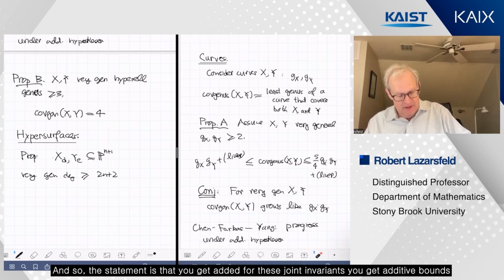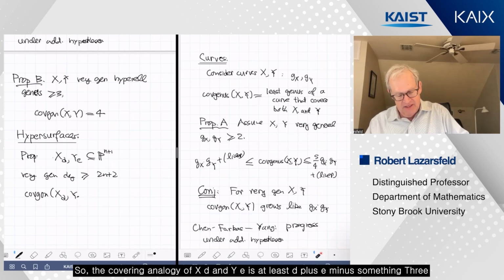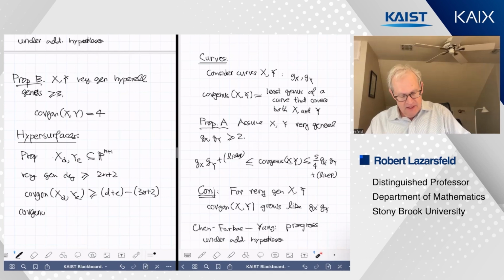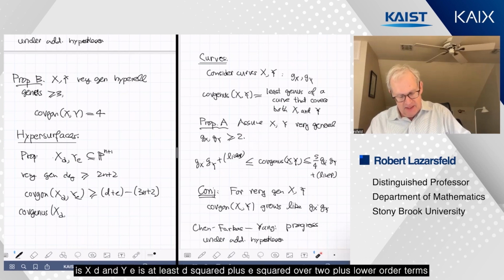The statement is that for these joint invariants you get additive bounds. The covering gonality of X_d and Y_e is at least d plus e minus something like 3n+2, and the joint covering genus of X_d and Y_e is at least (d squared plus e squared) over 2 plus lower order terms.